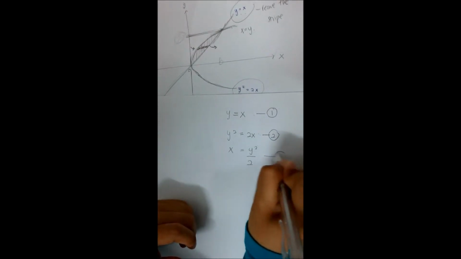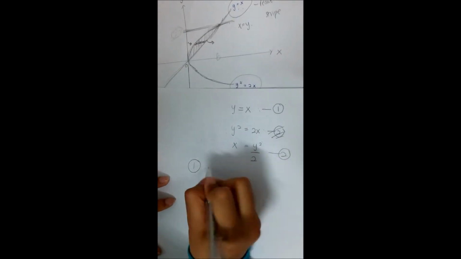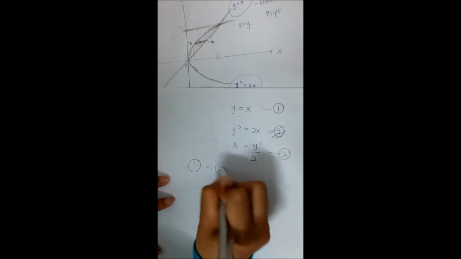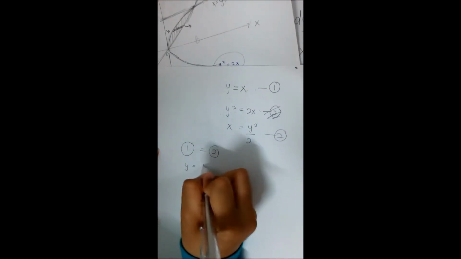So this will be the new equation. Equation 1 is equal to equation 2, so since the x is the same, we can say that y equals half y squared.